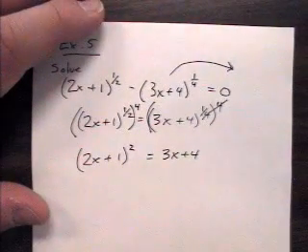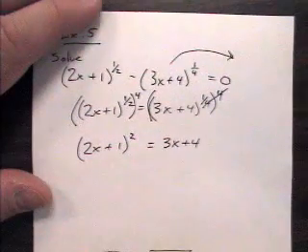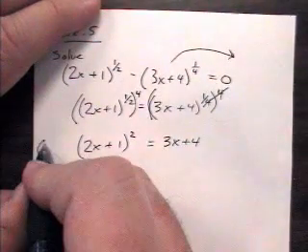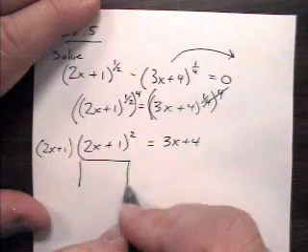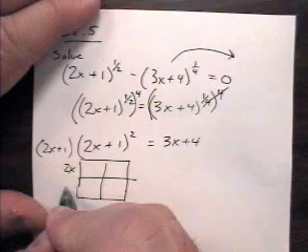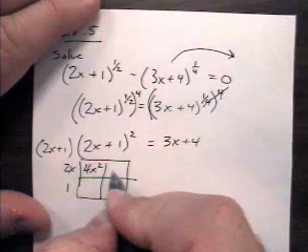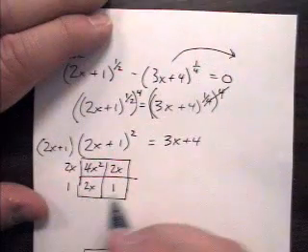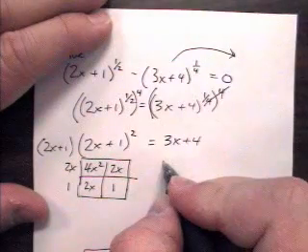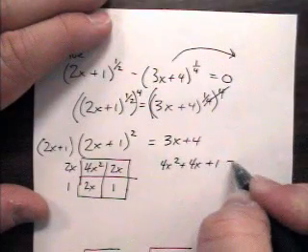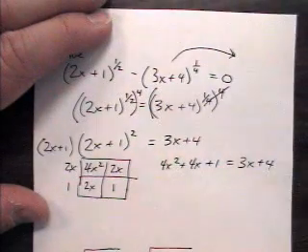Now we've gotten rid of our radicals. We can FOIL this, right? 2x plus 1 times 2x plus 1. Four x squared, 2x, 1. Gives me 4x squared plus 4x plus 1 equals 3x plus 4.